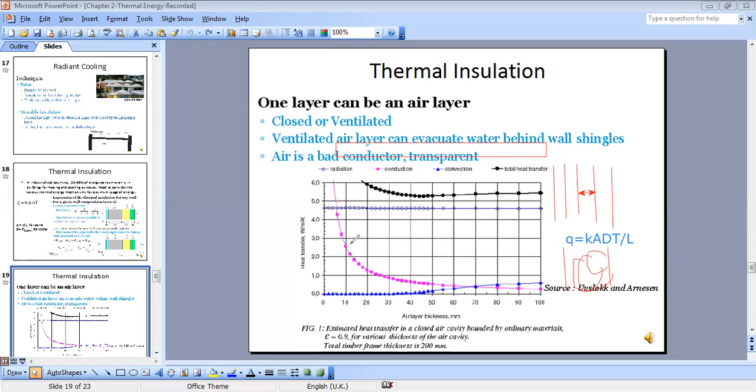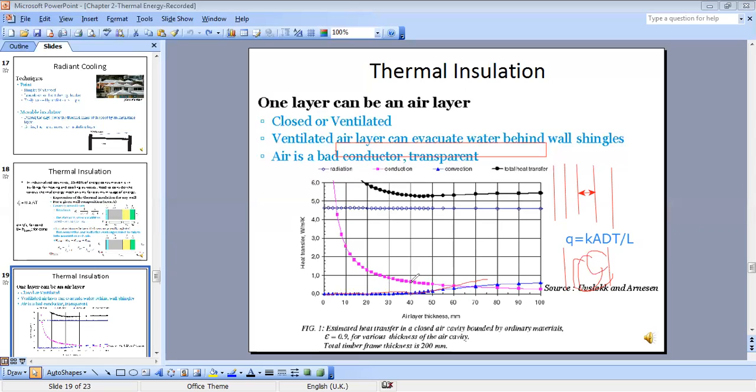This is why we have a certain optimum, because as you can see, for the first 40 millimeter of air layer thickness, the convection increase is very small. But after 40 millimeter, it will start to increase significantly, okay? While the conduction reduction is not very high. So as you can see, the conduction reduction is very high for the first part here.